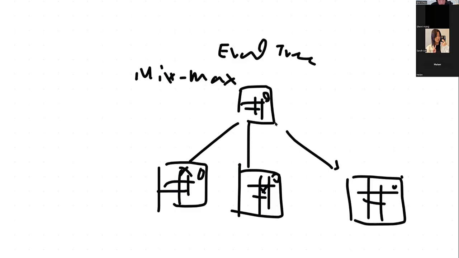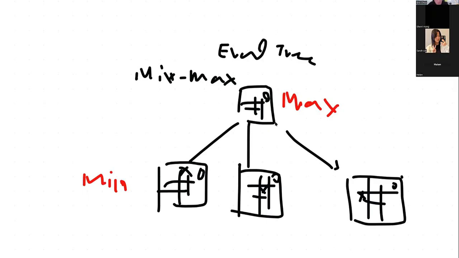So basically, if you are the player for circle, then you want to have a maximum score, and your opponent is cross, so you will have minimum points for your opponent. So min, max, min, max, you build up your evaluation tree. This is the second kind of tree, called the evaluation tree.